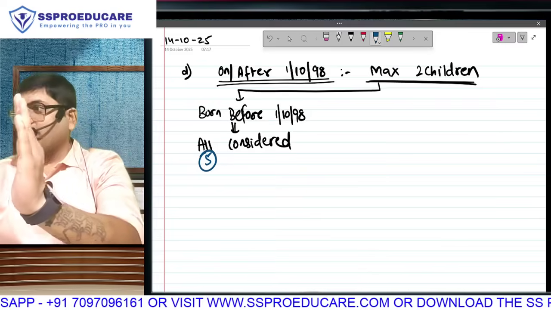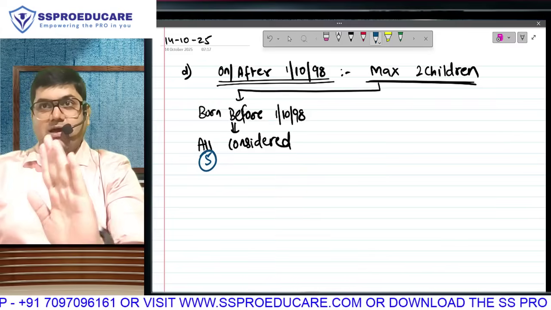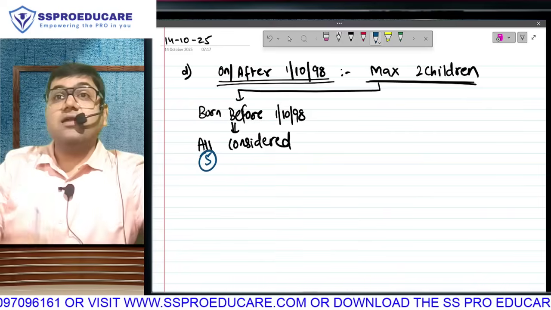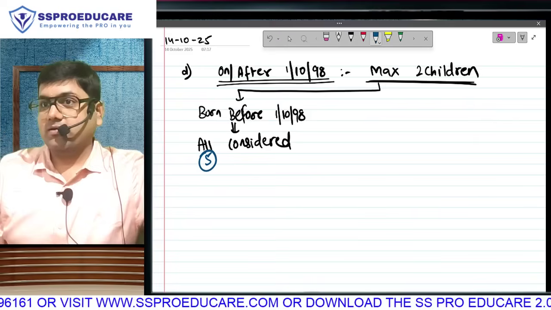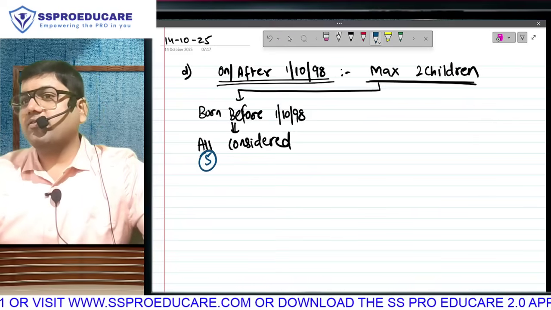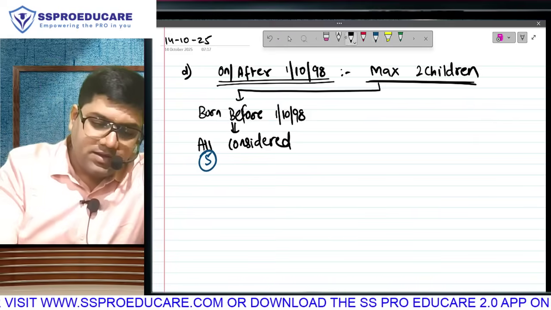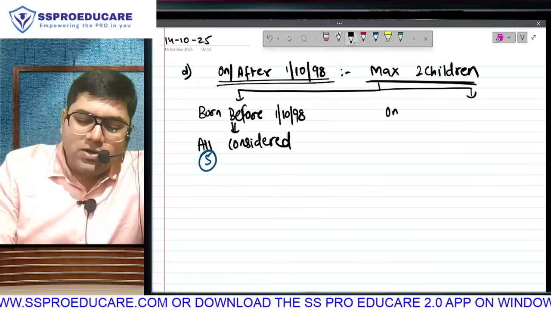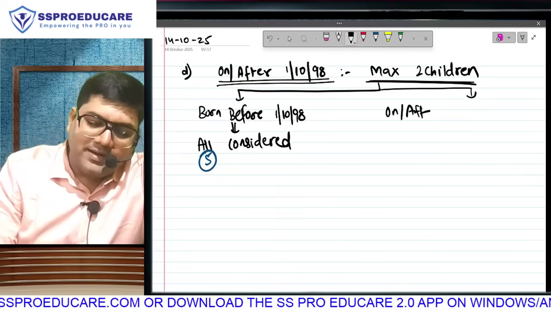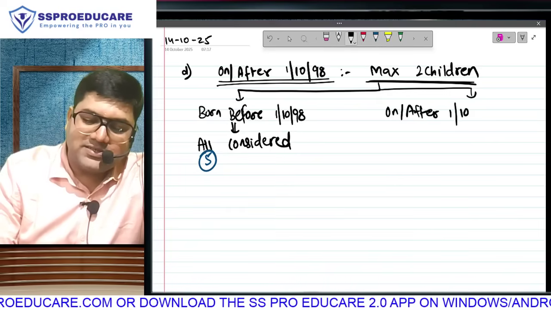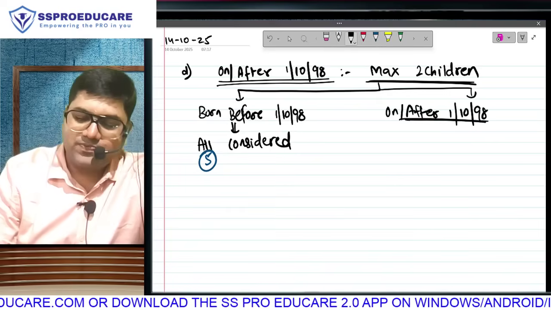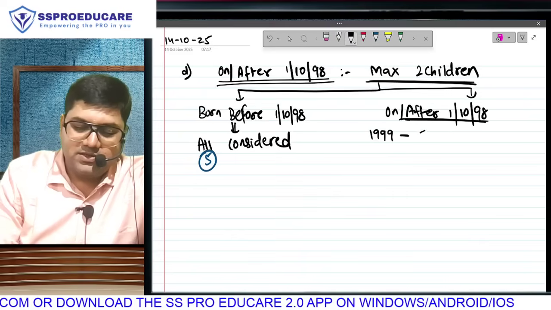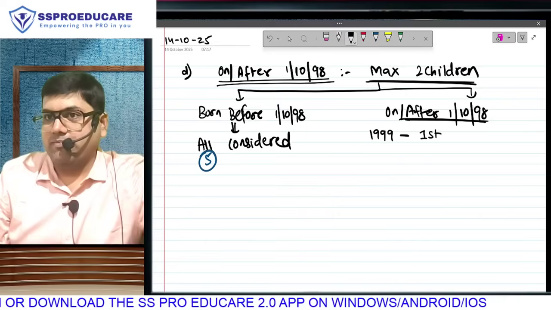Now look at the mentality, the difference in thinking. The government is saying now only 2, and Vishwaraj is saying now 2 more. So he doesn't stop here either. He continues. On or after 1st October 1998, how many children will we consider for exemption purposes? So in 1999, Vishwaraj got his first child after the amendment.